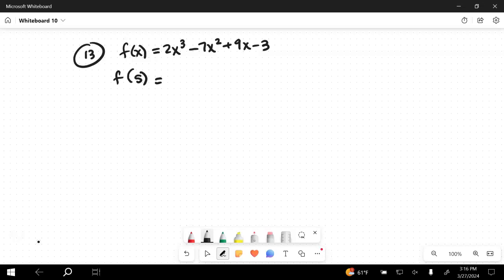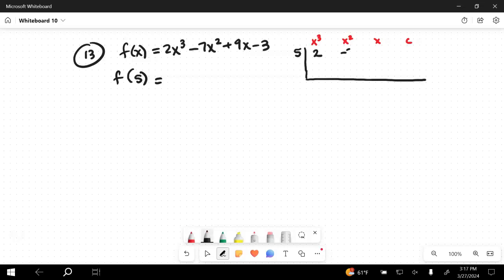Well, with the remainder theorem, we know that that function can be evaluated at 5 by using synthetic division.